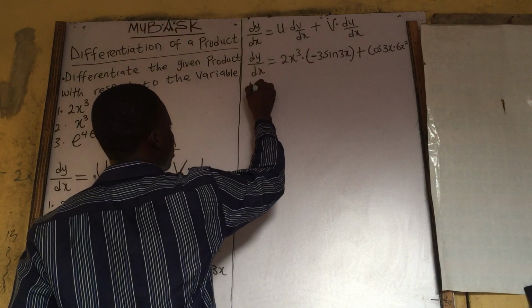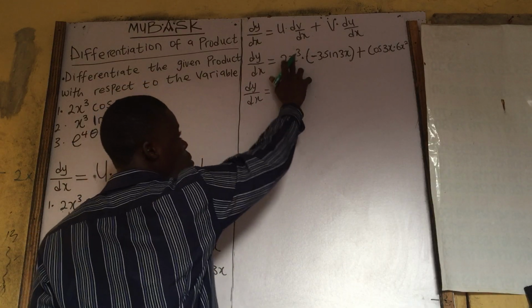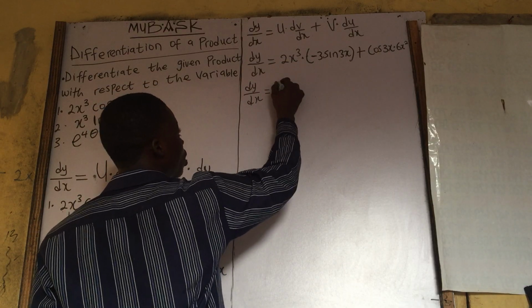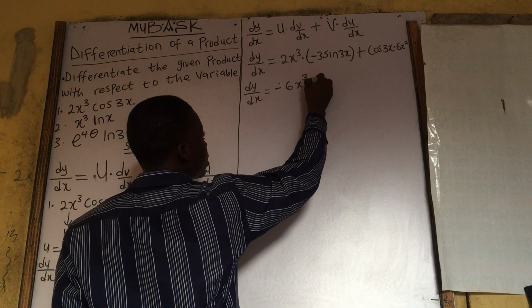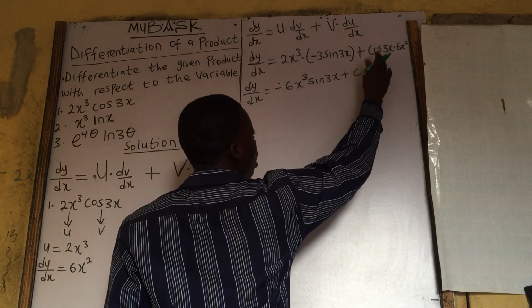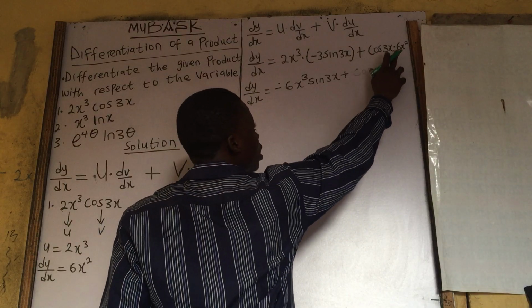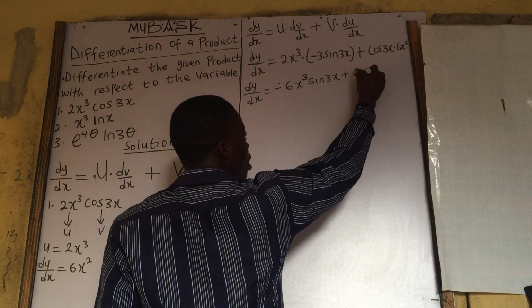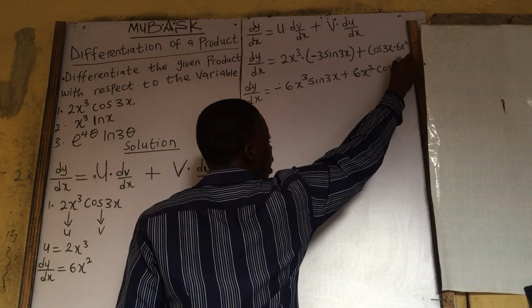Now dy over dx equals, opening the bracket with 2x cubed, minus 6x cubed sin 3x plus cos 3x multiplied by 6x squared, which gives 6x squared cos 3x.